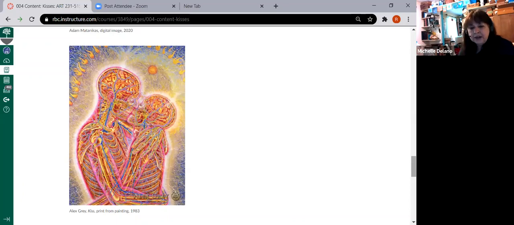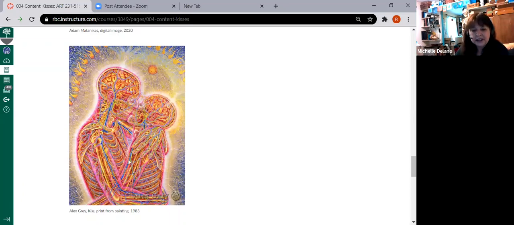So here you have a kiss that's just as biological as the Picasso, but it seems somehow sacred or amazing. So you can compare the two, like this kiss and another kiss in your discussions.